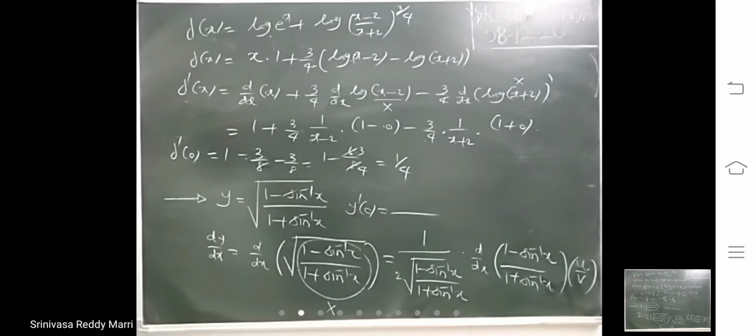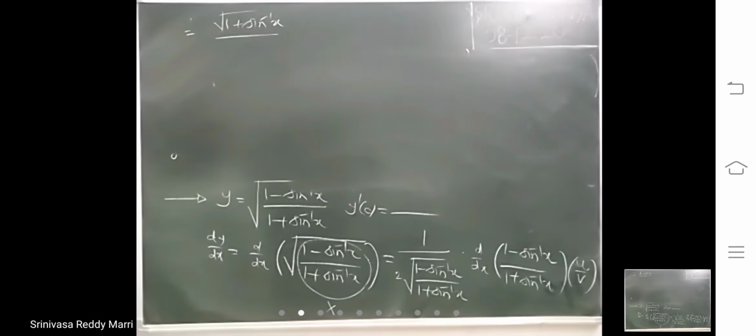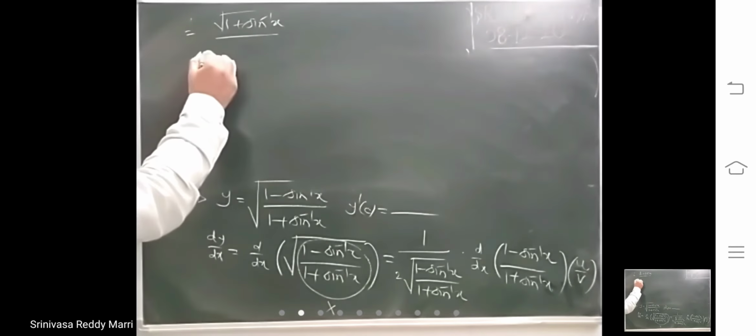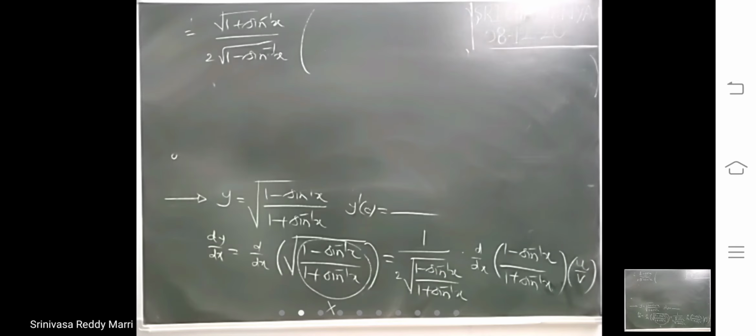Therefore, this root will come to the numerator. That means root of 1 plus sine inverse x divided by root of 1 minus sine inverse x, into. Now let us write the u by v rule.